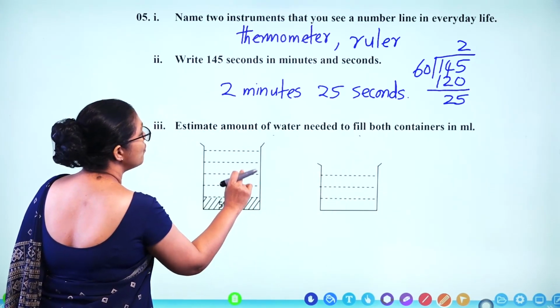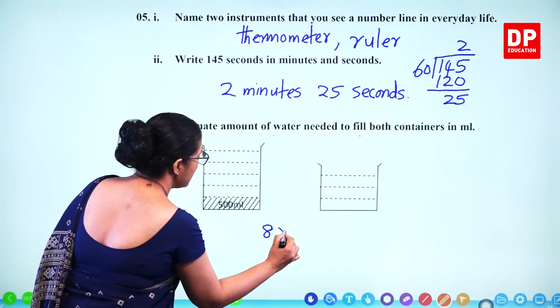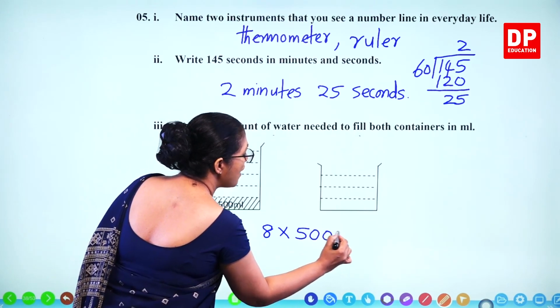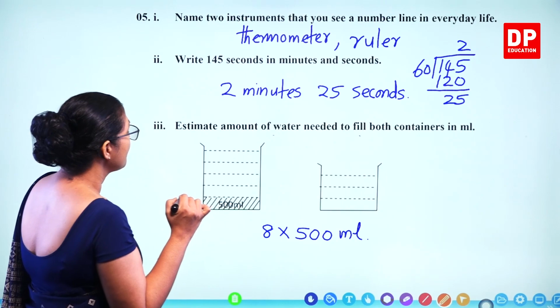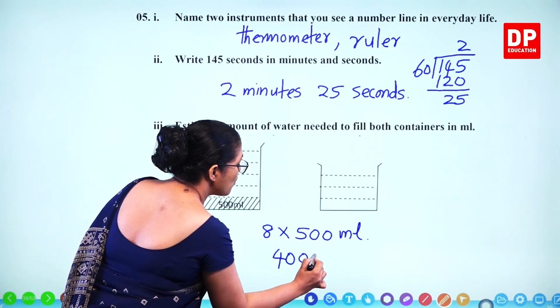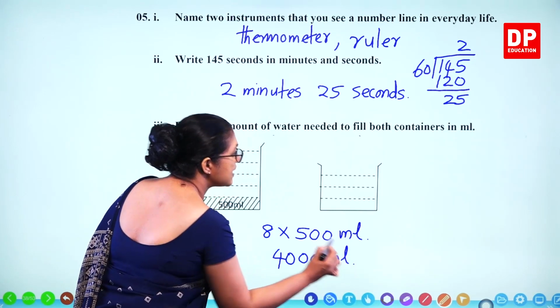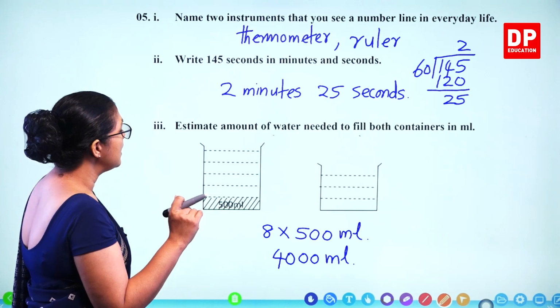So 1, 2, 3, 4, 5, 6, 7, 8, with each 500 milliliters. So what's the total? 8 times 5, 40 with 2 zeros, 4000 milliliters. So 4000 milliliters is the total amount.